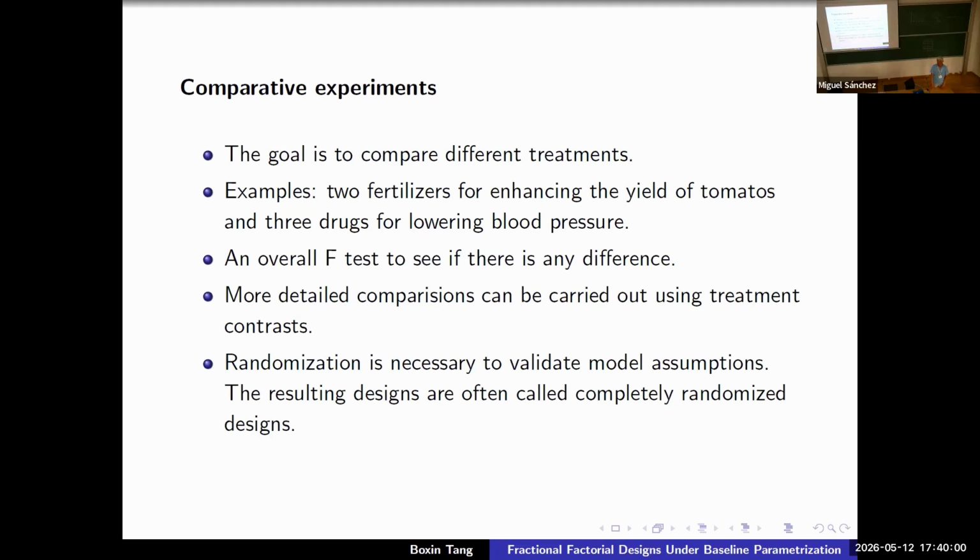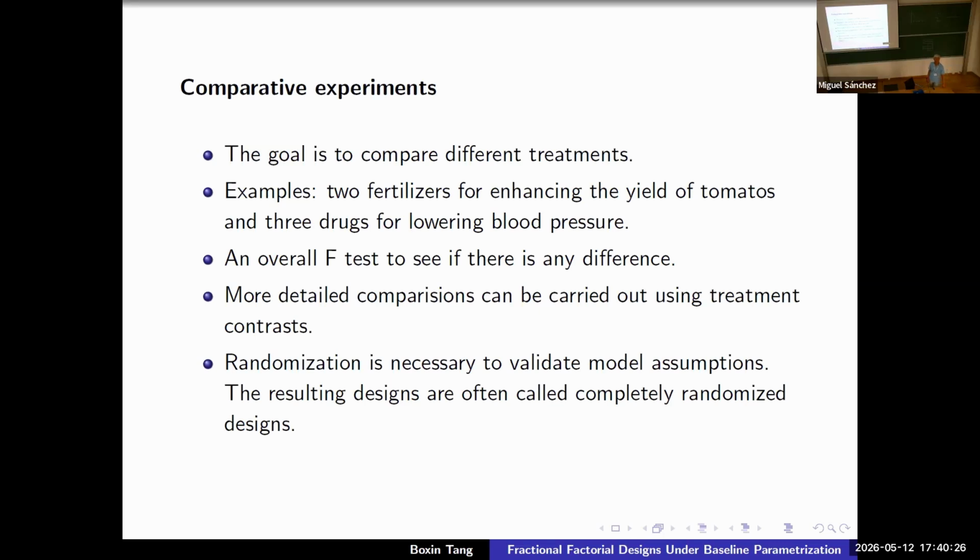So generally, we can say that randomization not only helps us eliminate systematic variation in the experimental material, it also helps validate model assumptions, the standard model assumptions. And because of this, such designs are called completely randomized design.